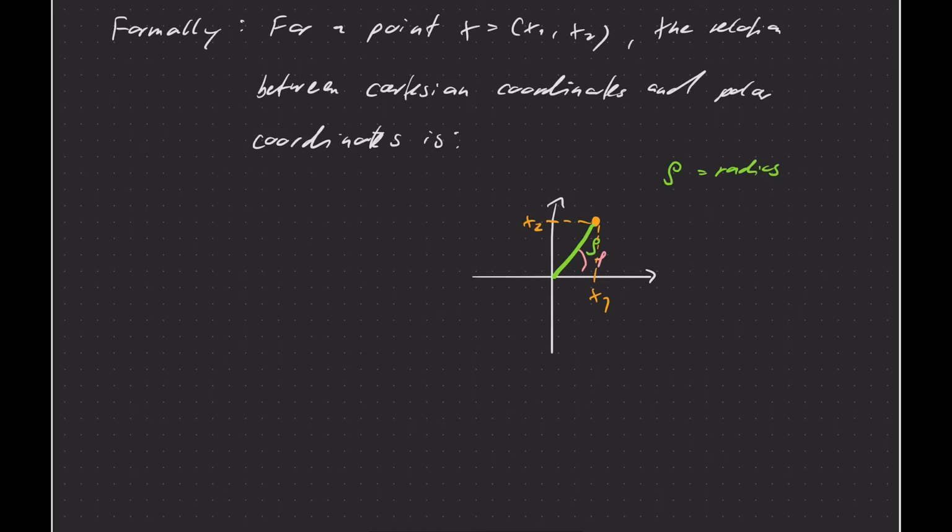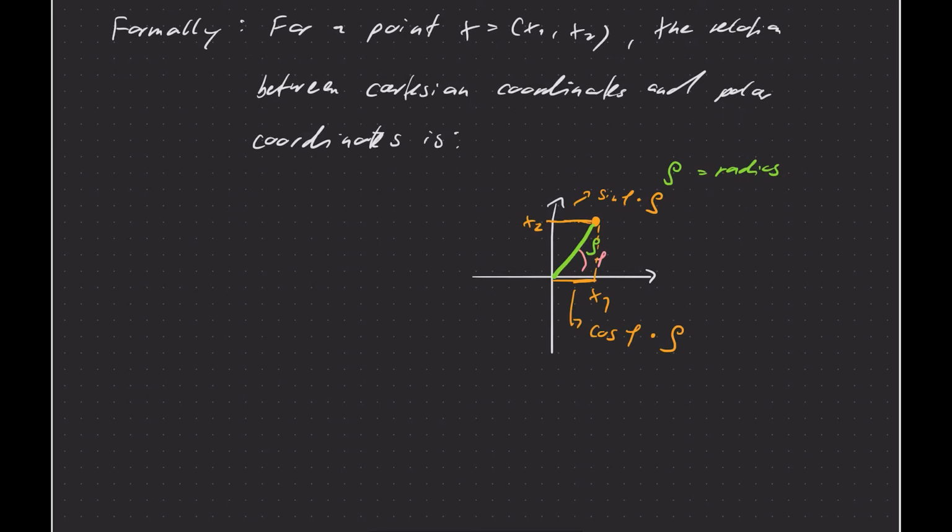Well, as you can imagine, that relation has to do with sine and cosine. You do remember that this x1 coordinate here is basically the cosine of phi if the radius is 1. If the radius is not 1, then of course we'll have to scale this by the radius. And this x2 coordinate, this here, that is then the sine of phi, again scaled by rho.